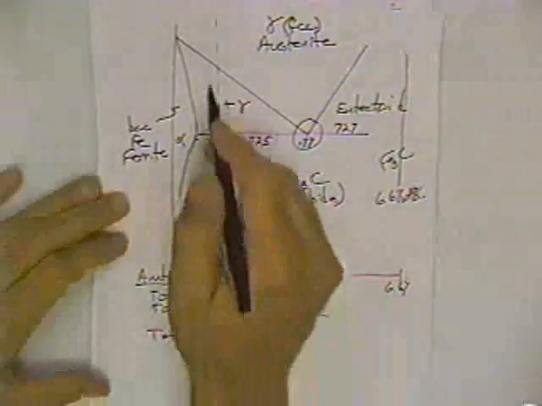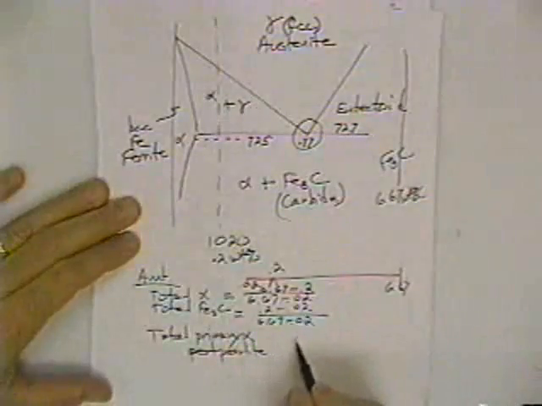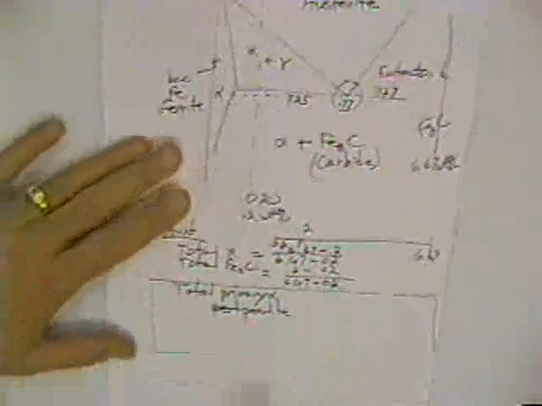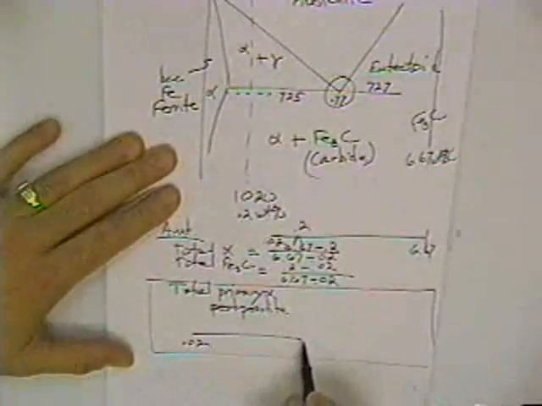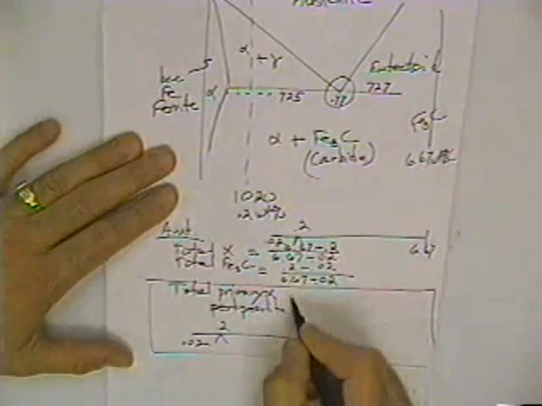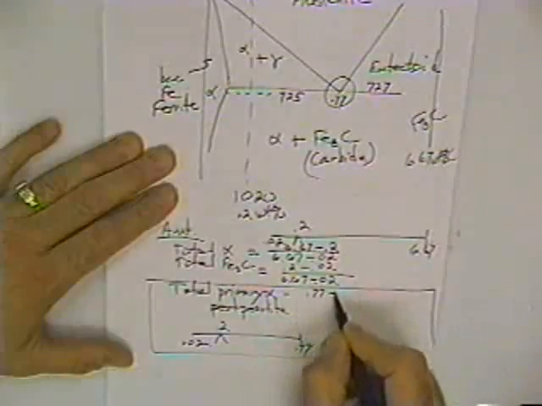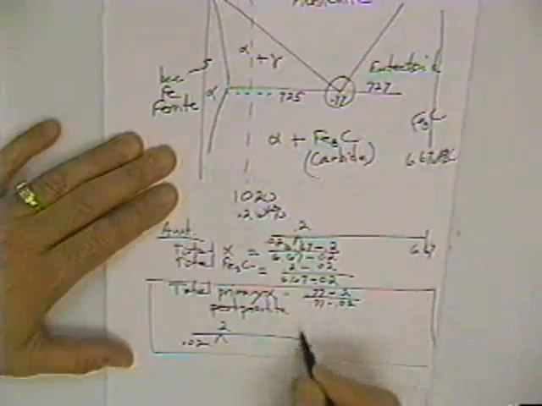But supposing we wanted to know the alpha that came out first and how much perlite we would have, then our tie line, let me put a little box here, is going to go from where? 0.02 to where? Please? 0.77, and we're at 0.2. So the primary alpha is going to be 0.77 minus 0.2 over 0.77 minus 0.02.